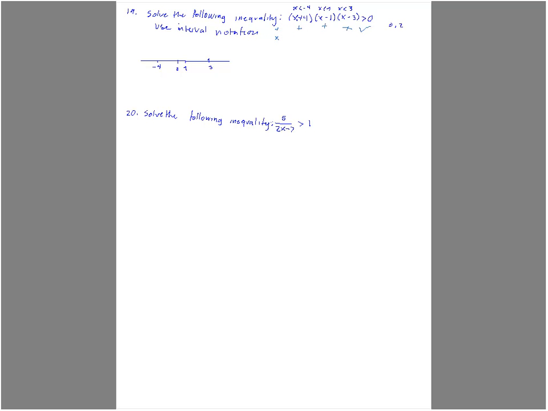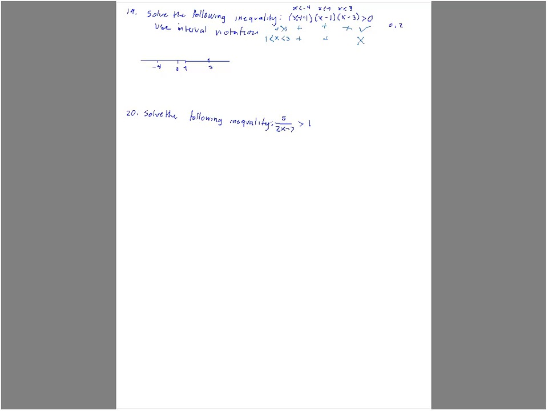When x is less than 3 and greater than 1, let's say it's like 2, right? So we plug 2 into the first one. 2 plus 4 is 6, which is positive. 2 minus 1 is 1, which is positive. 2 minus 3 is -1, which is negative. So that's no good. That won't fly.